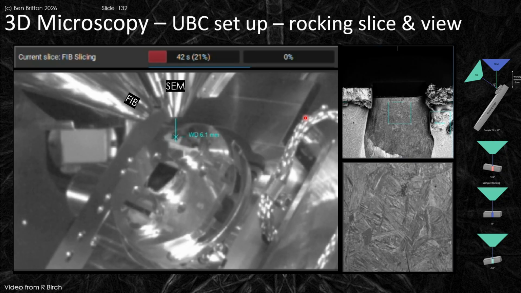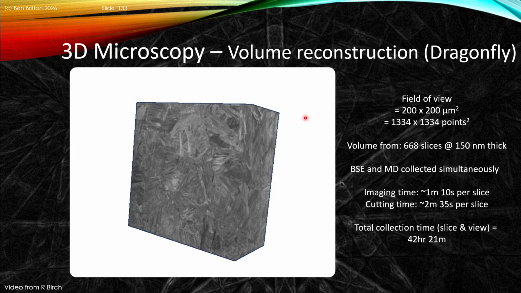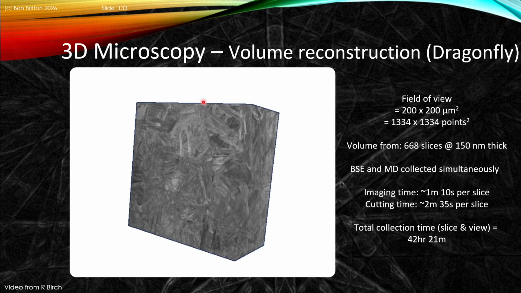And if we highly automate this process, we can be very lucky, and we can effectively do a tomograph where we now have a 200 micrometer by 200 micrometer field of view for each slice, and each of those slices now has effectively this number of points. We can control effectively the pixel size within the slice by choosing the resolution and field of view size, and we can choose the thickness of how much material we have removed.